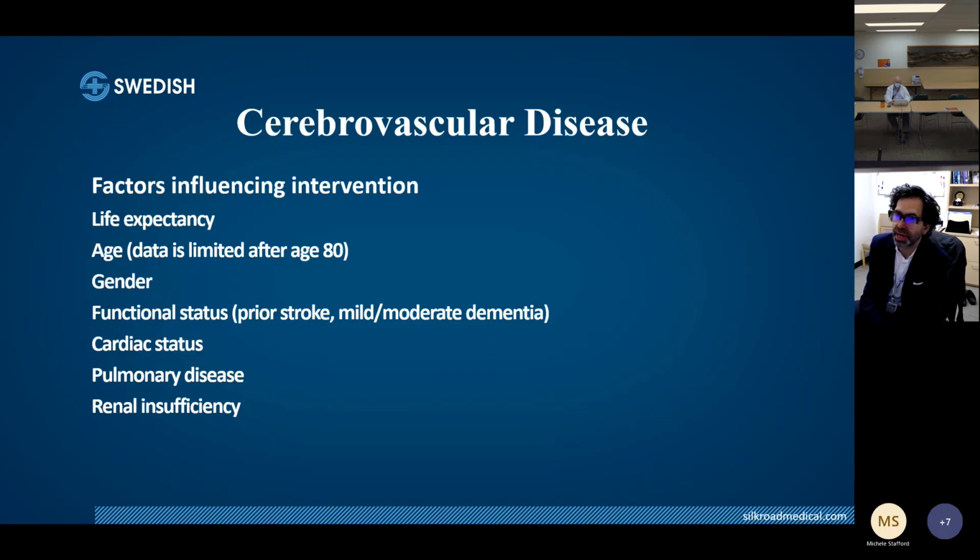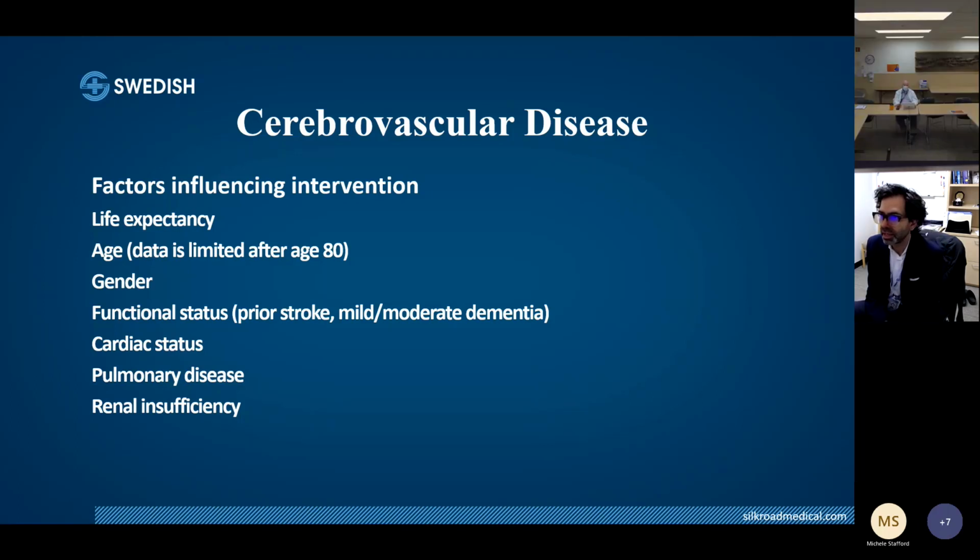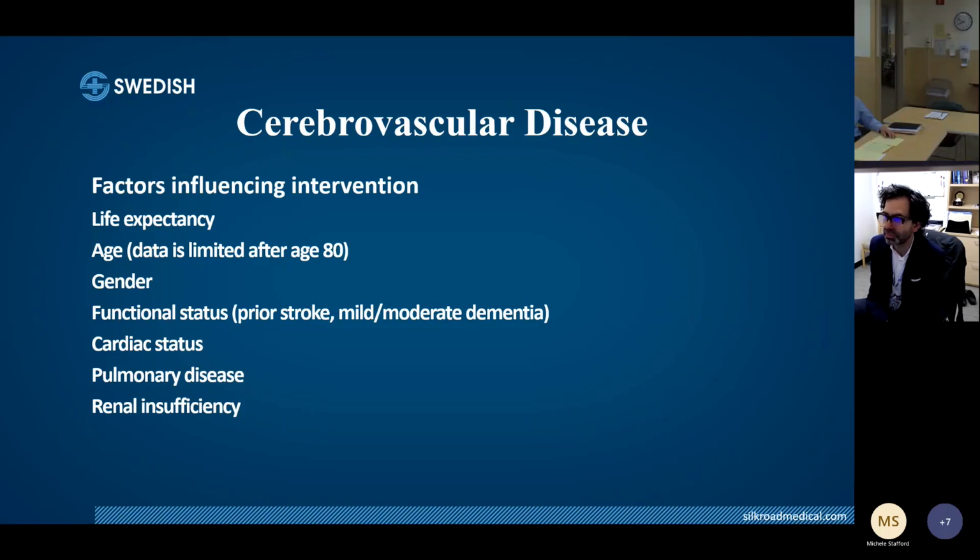When you have an asymptomatic patient with greater than 70% stenosis, I still think about a bunch of other things which kind of guide my decision to offer surgery. Life expectancy: if you're not going to live 5 years, you're not going to benefit from surgical intervention. Age: from all the major randomized trials, the data set is pretty limited after age 80, so that's a very personalized and individualized discussion.